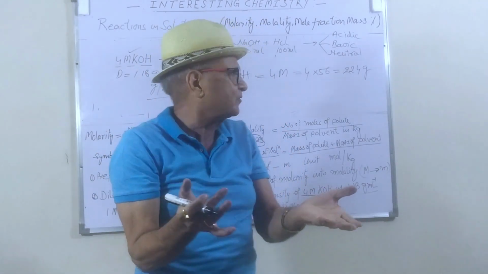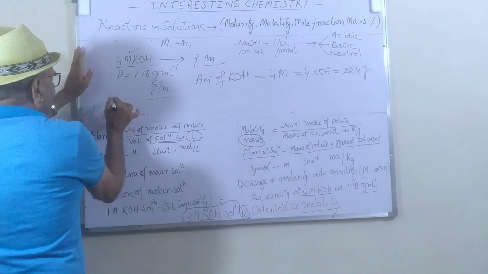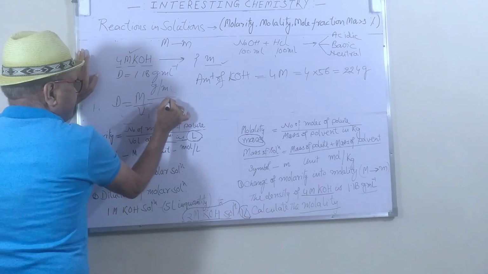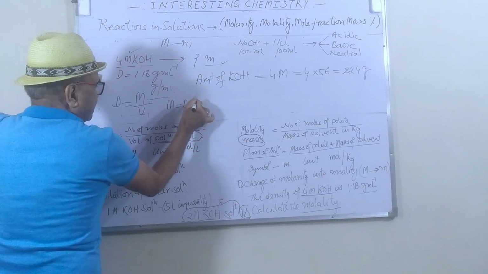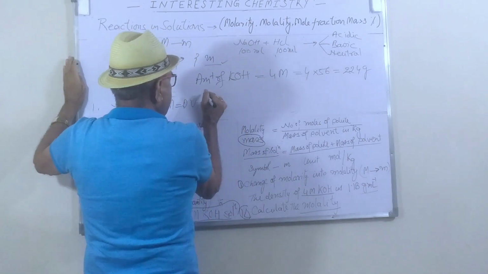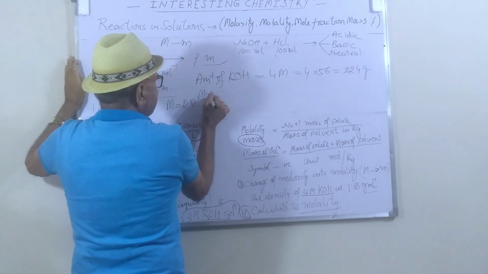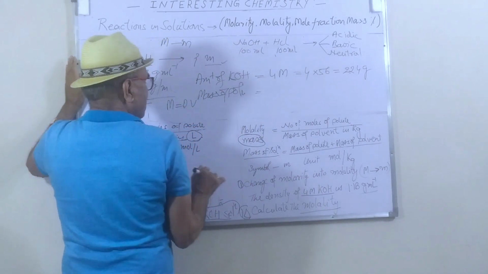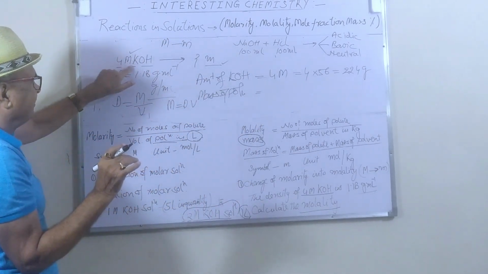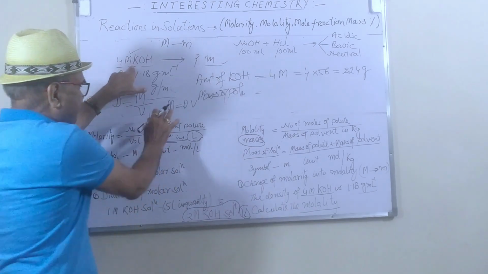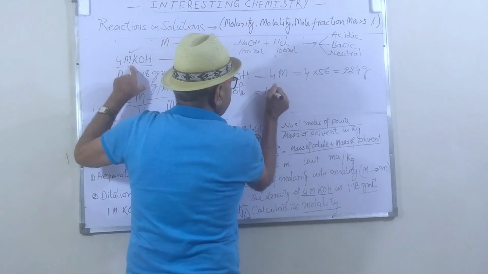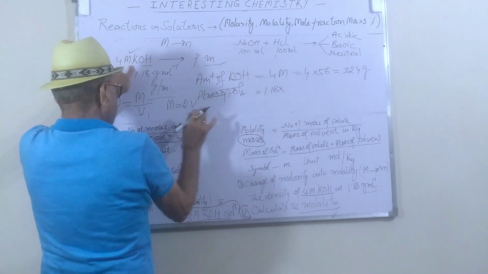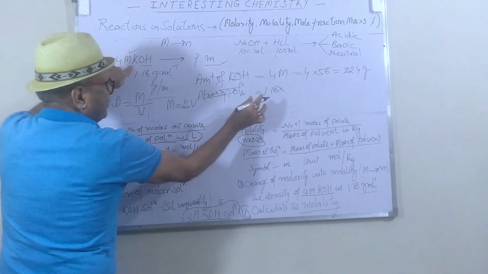Now calculate the mass of the solution. How will you calculate it? You have the formula D is equal to M upon V, and M is equal to D into V. The density of this solution is 1.18.